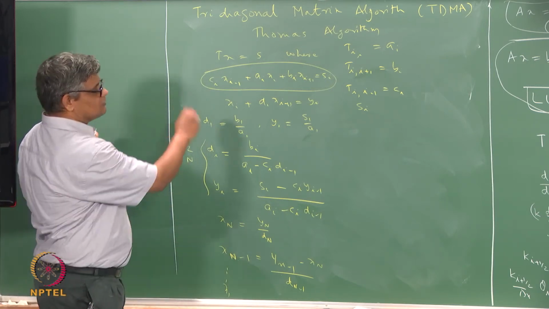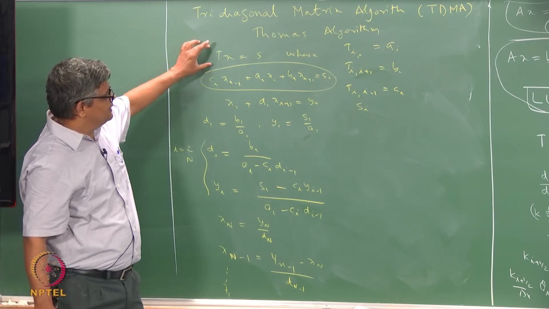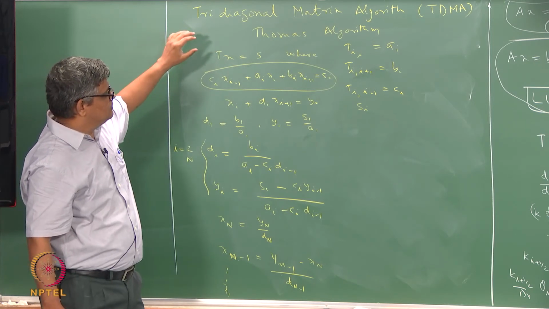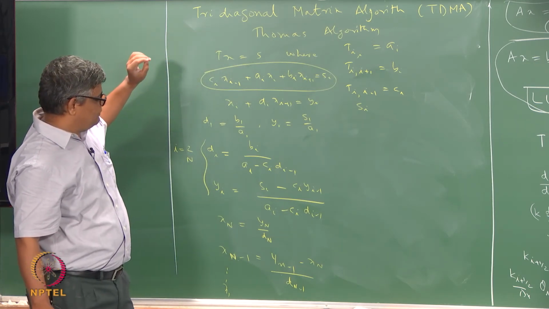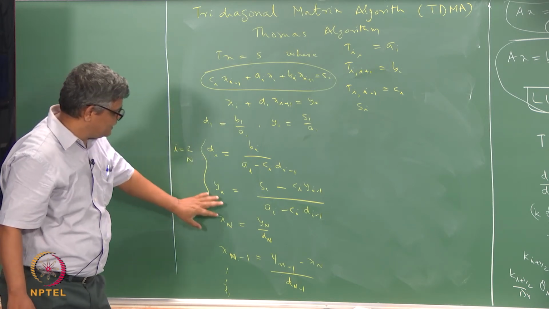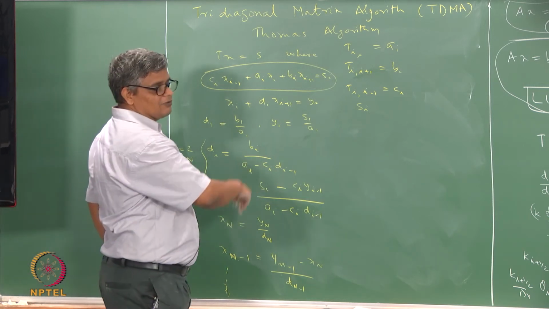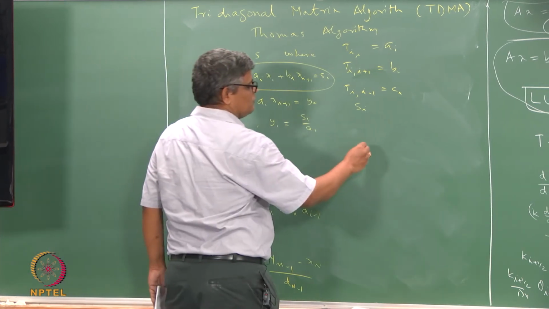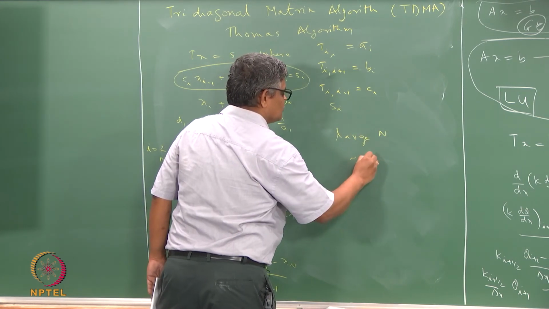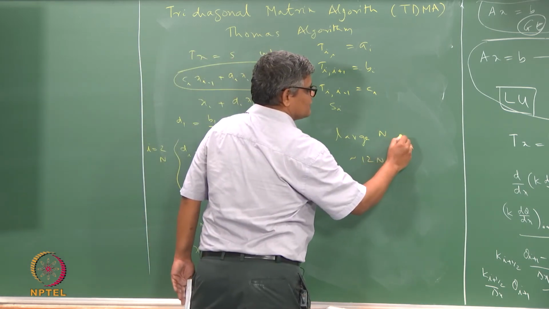So, this is the Thomas algorithm, where we convert the Tx equal to S into Ux equal to S prime, where U is an upper bidiagonal matrix, and then we evaluate the elements here and then we do back substitution to get this. So, the overall number of mathematical operations required for the solution for large n is about 12n, where n is the number of equations.